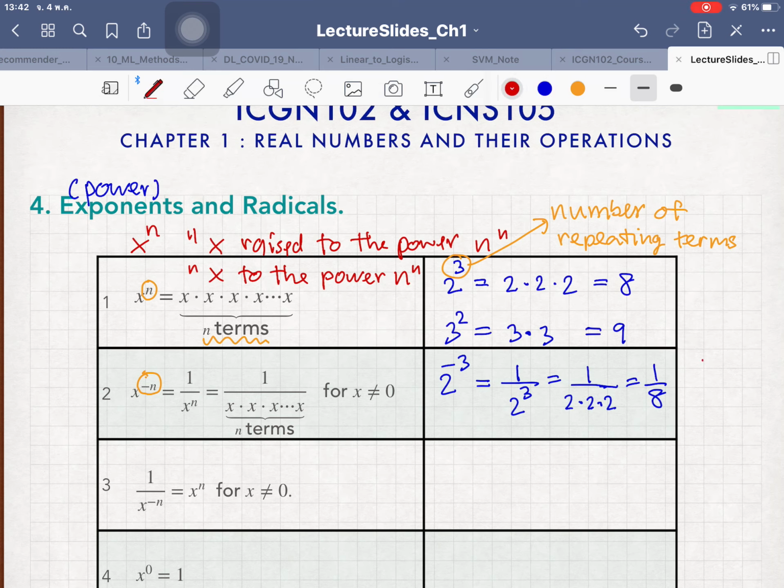When you have 1 over 2 to the power minus 3, if you want to get 2 to some power, this power must have the opposite sign, 2 to the power 3. So again, this power and this power need to have the opposite sign.